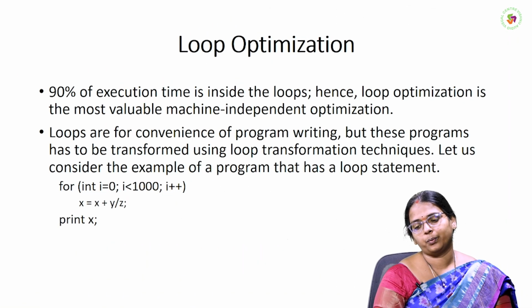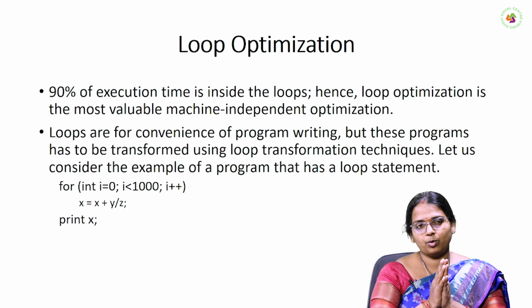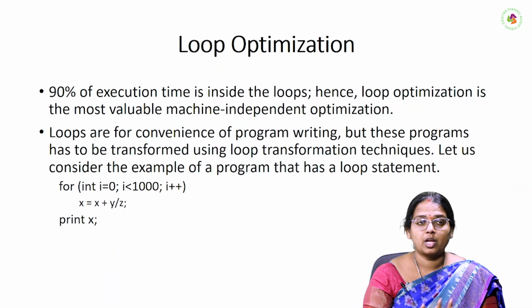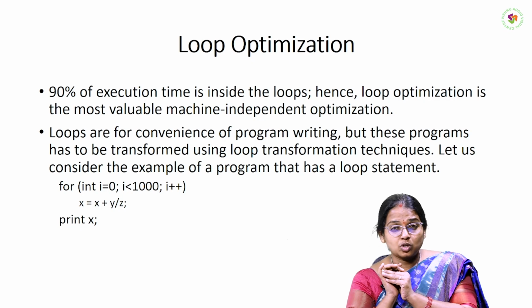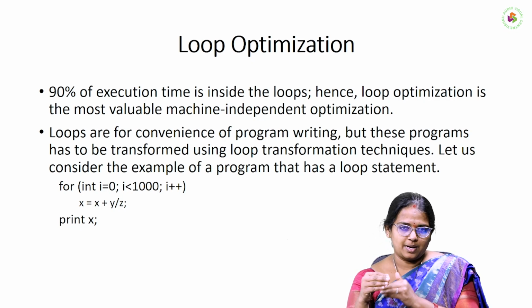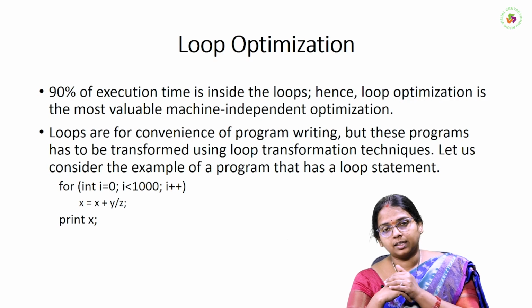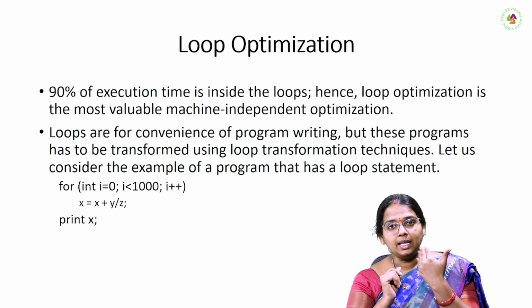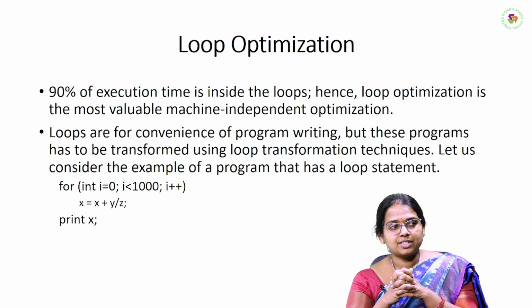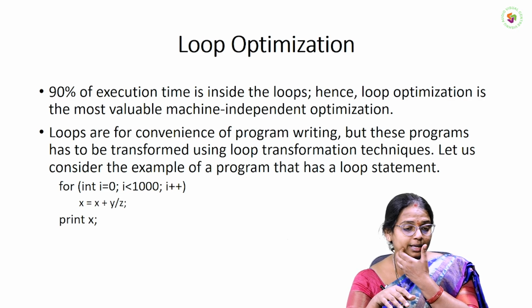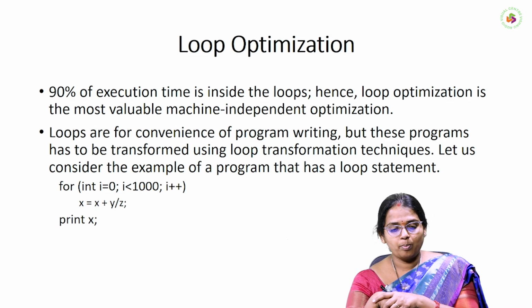Now, when you see a program, it may contain loops or it may contain other than loops. But if a program contains loops, certain statements will repeat for some time, so it will take more time for the execution. If it is possible to apply an optimization technique at loop level, then we can say that it is loop optimization.